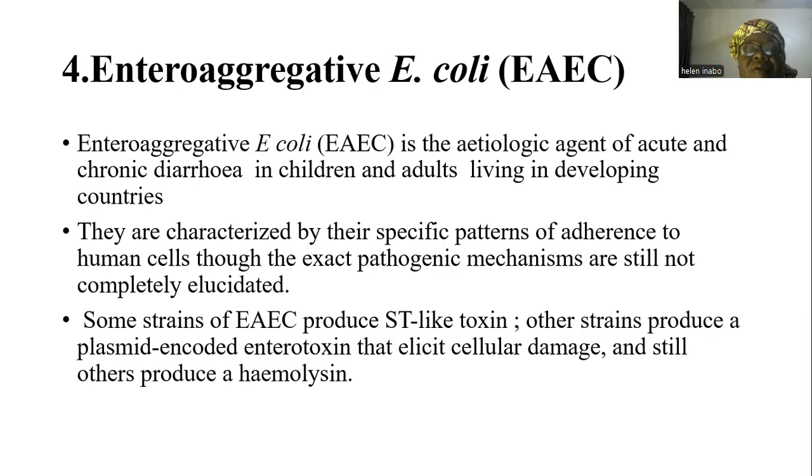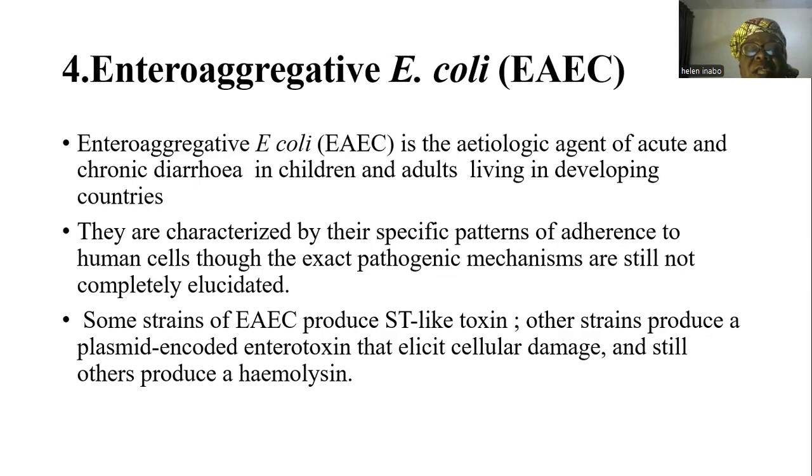Enteroaggregative E. coli is the fourth pathotype of Escherichia coli. It is the etiological agent of acute or chronic diarrhea in children and adults living in developing countries. They are characterized by their specific patterns of adherence or attachment to human cells, though the exact pathogenic mechanisms are still not completely elucidated.